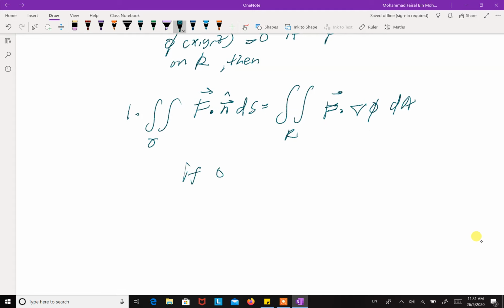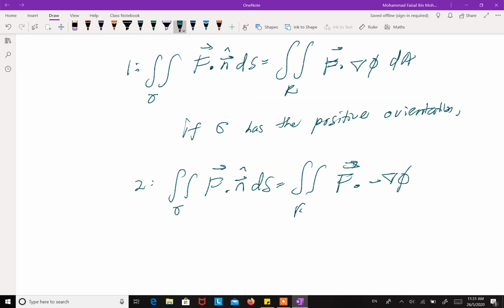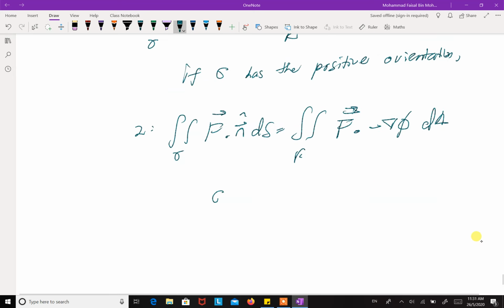If the sigma has the positive orientation, and number 2, the integration of F dot unit normal vector will be equal to the integration of F dot negative gradient phi dA, where the sigma is in the negative direction.